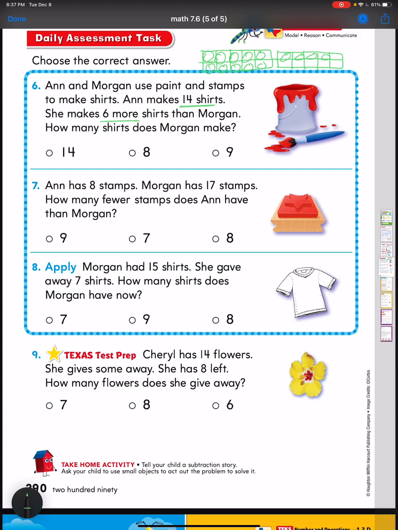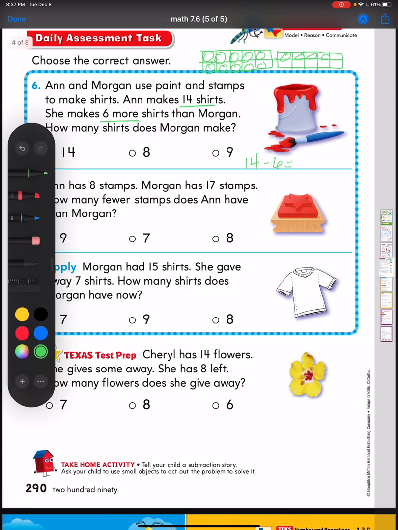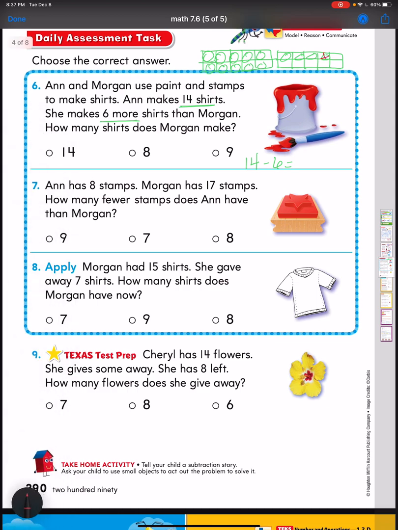So what I would do is 14 minus 6. So I have my 14 and I can take away 6. Let me change colors. Take away these 4. I'm down to 10. 2 more means I took away 6. That means that Morgan made 5, 6, 7, 8. Morgan made 8 shirts.